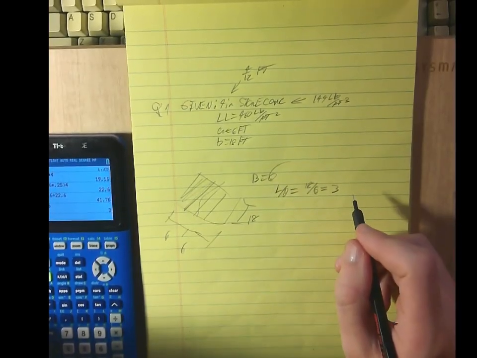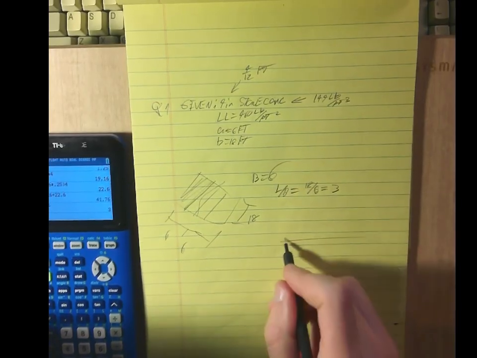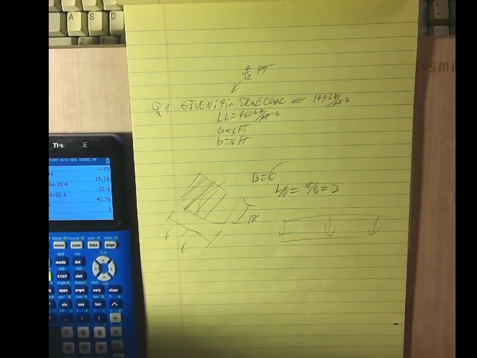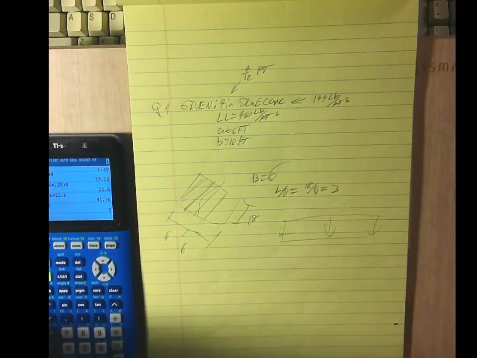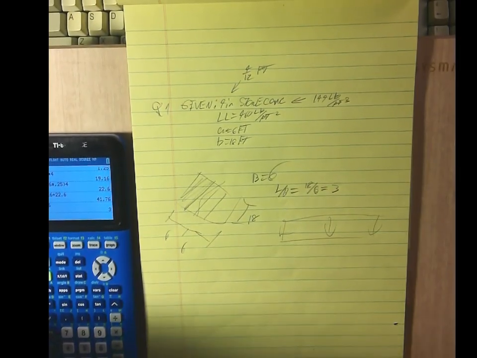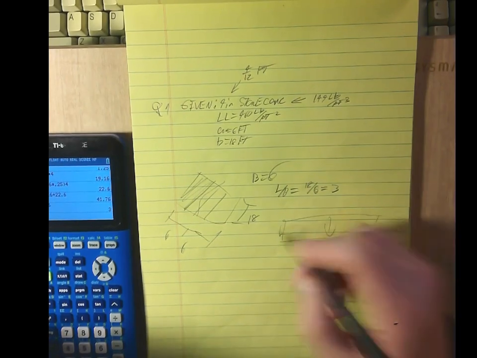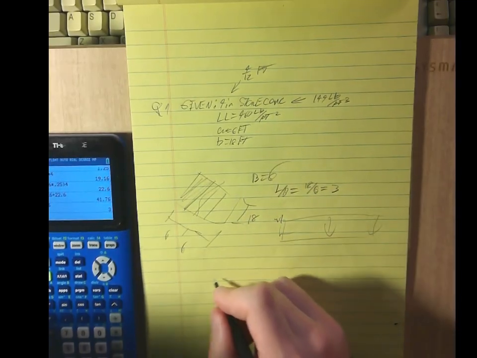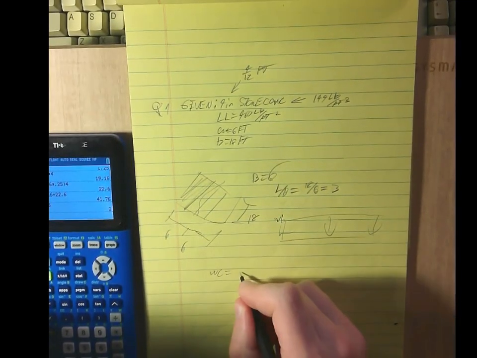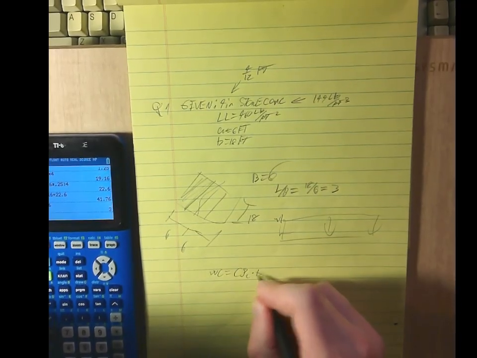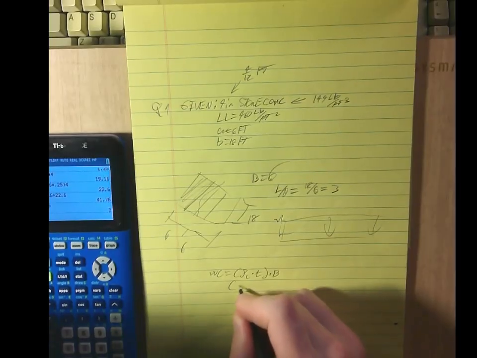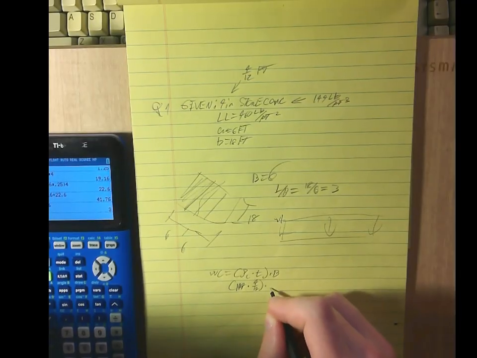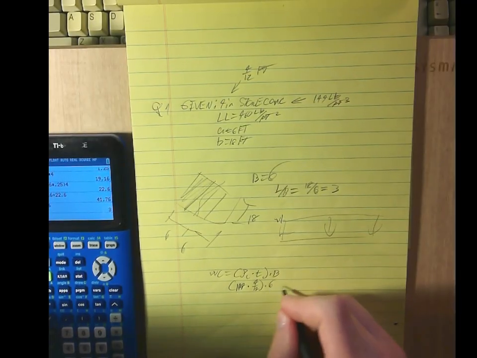Because this is a one-way system, this should be uniform. Should be the same as the other ones. But let's go through what W1 is here. So what's this going to be? WC is going to be equal to rho C times T times B. Rho C is 144 times thickness is 4 over 12 times B is going to be 6.